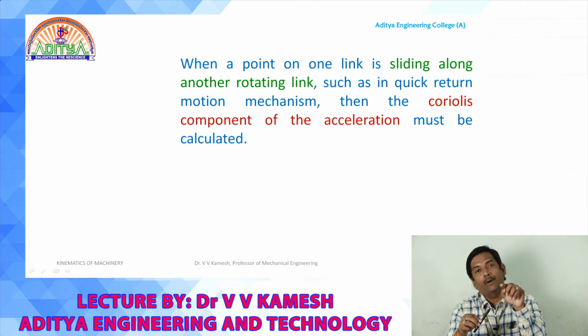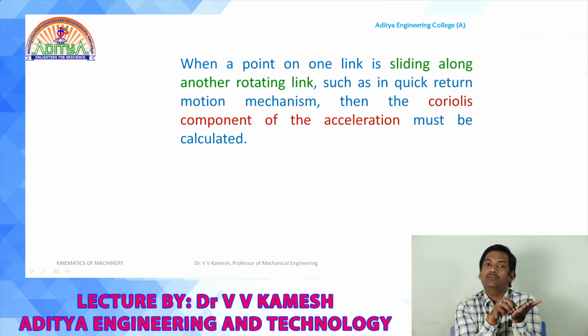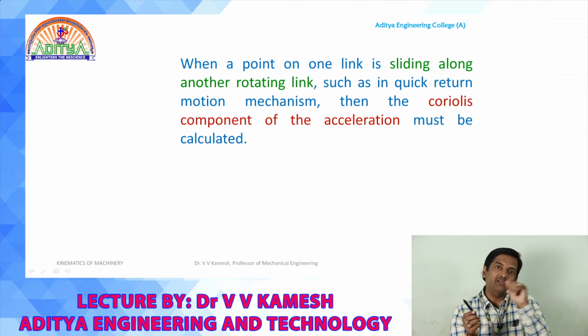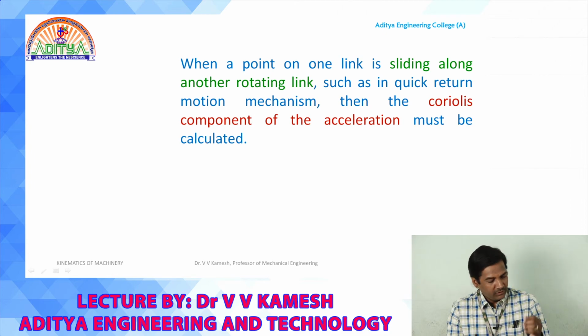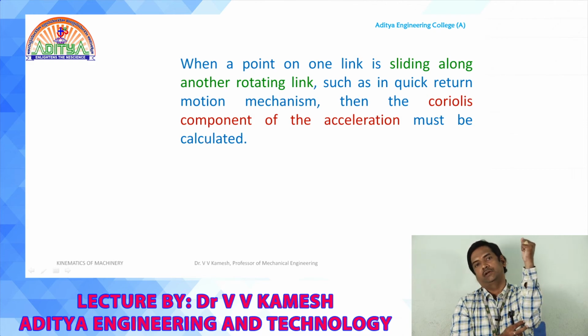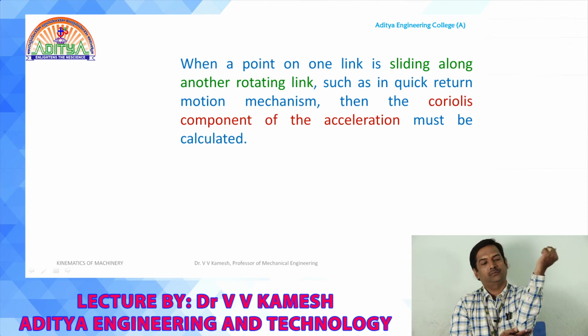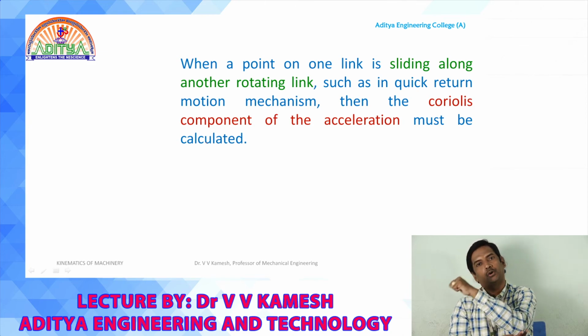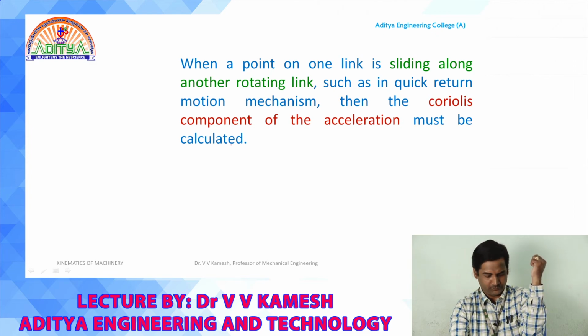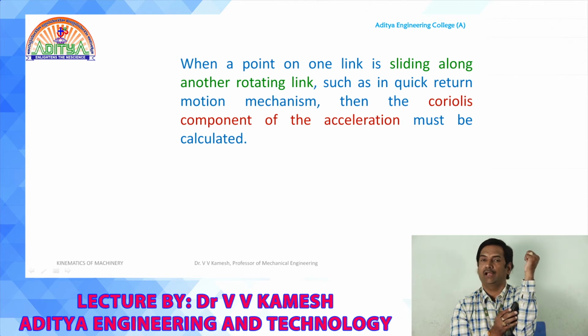But when the slider is moving in a rotating frame, that means when one link is moving like this and the slider is also moving. If I consider my hand, this hand portion, as one of the links, this link is rotating like this, and suppose I take this as a slider.